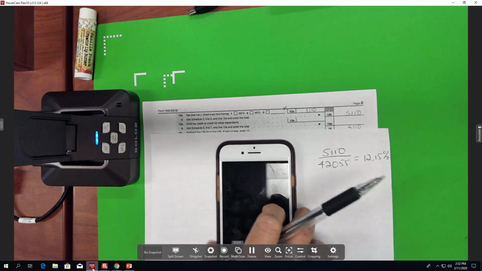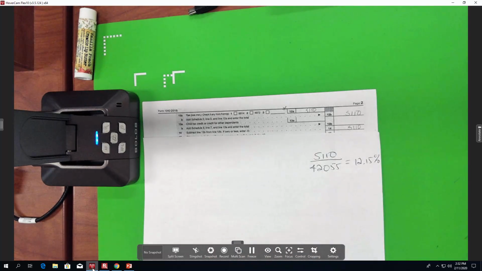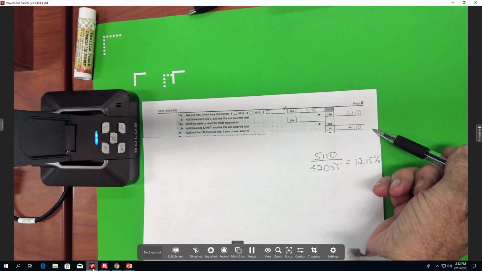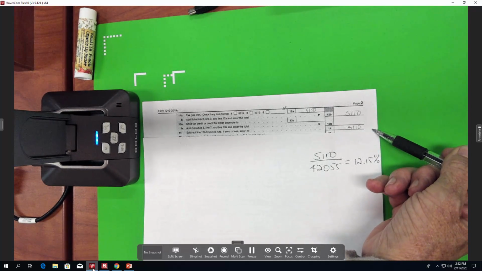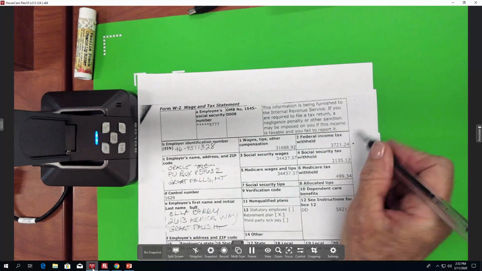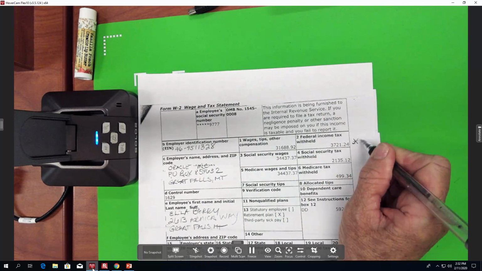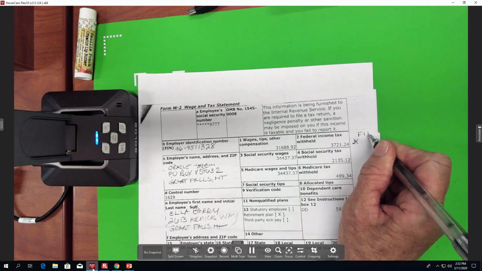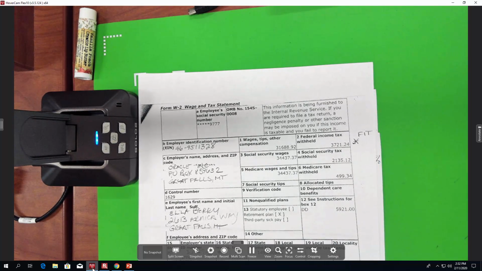So, is this the amount she has to write a check for? No. How come? She had withholdings. She paid in, and this is called FIT, right? Federal income tax.